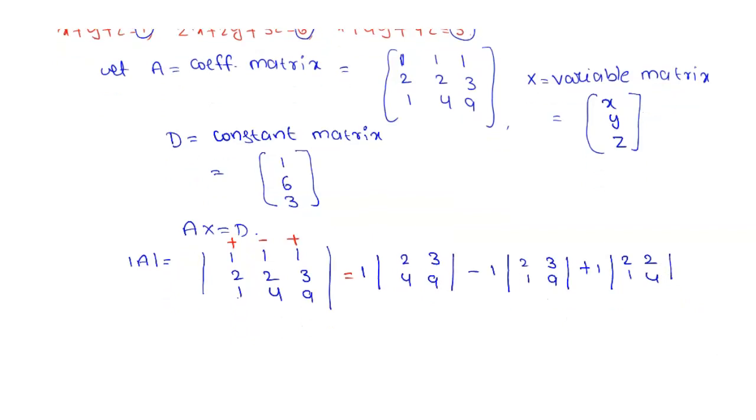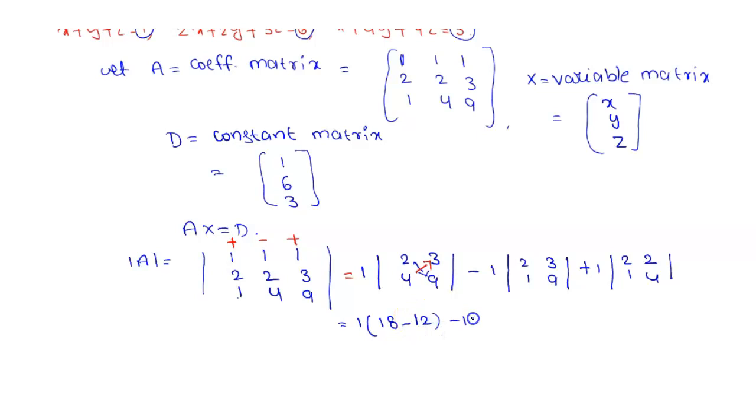Now we need to take in the format this into this minus this into this. So this is equal to 1 into 2 9s are 18 minus 4 into 3, 4 into 3 goes to 12.